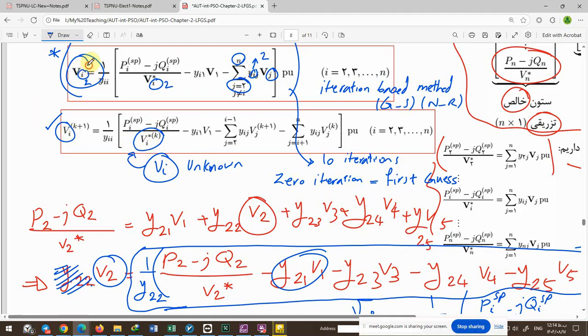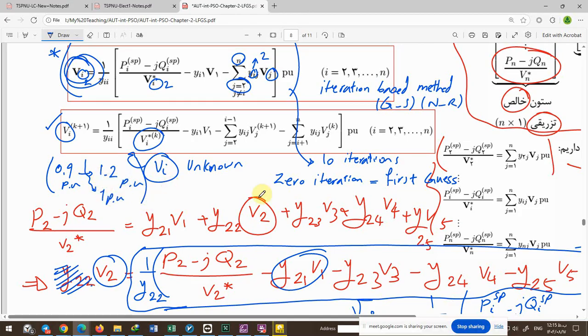I know that my answer to this equation is about, for example in per unit, between 0.9 and 1.2 per unit, and the best guess, or the initial value to start the iteration and find the best answer, is about 1 per unit.